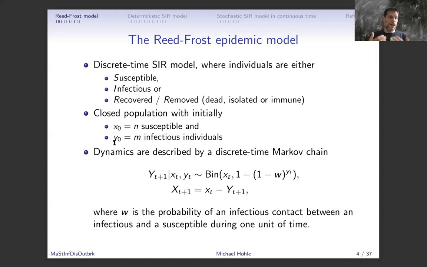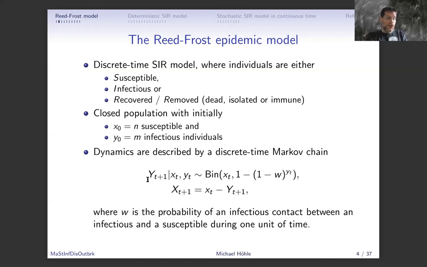Tom will cover more of that in his lecture: the generation time is the time from when the primary case becomes infected to when the secondary case that he or she infects becomes infected. We will here assume that it's a deterministic generation time, and it will last a certain amount of time every time, and one time step in our discrete time Reed-Frost model will correspond exactly to this generation time.